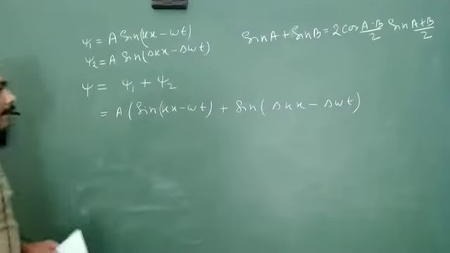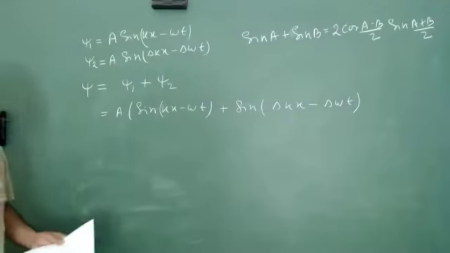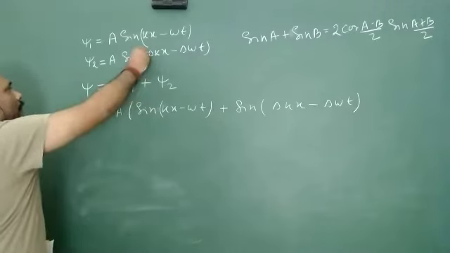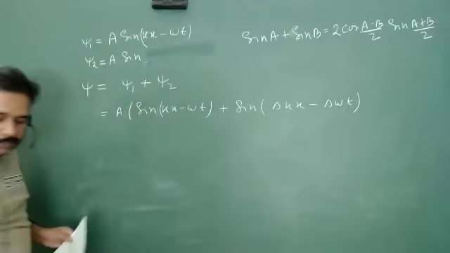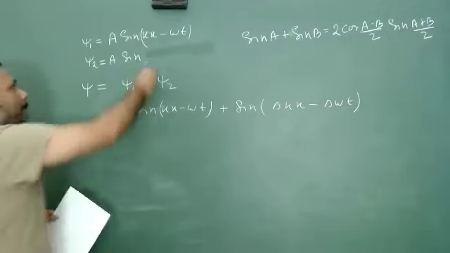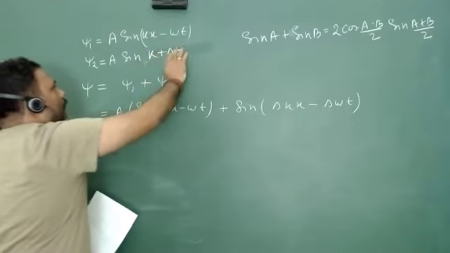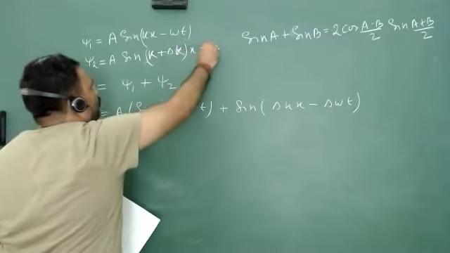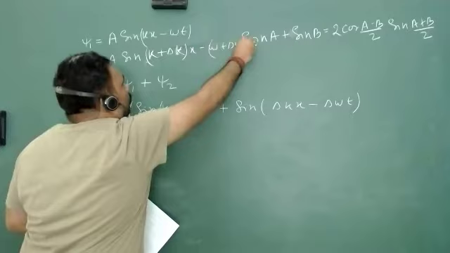I can take A as a. Sorry, not delta kx, this will be k plus delta k. So it is a little bit different: (k plus delta k) x minus (omega plus delta omega) t.